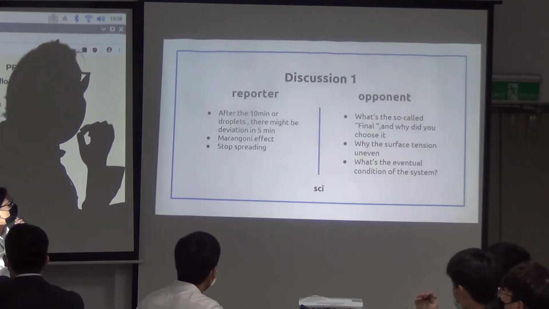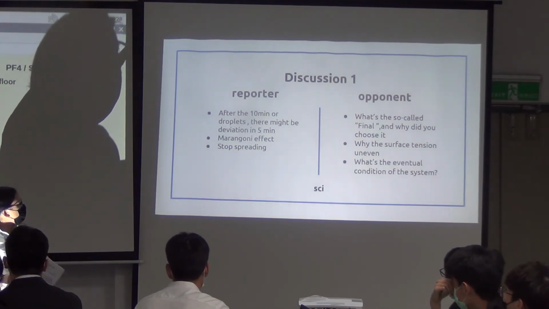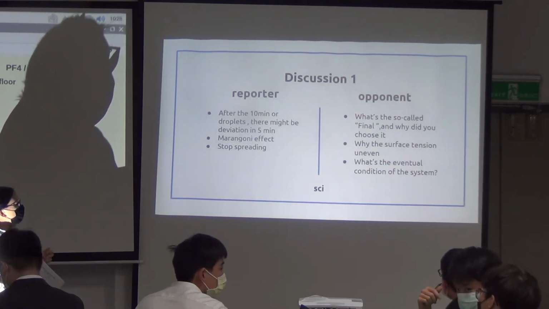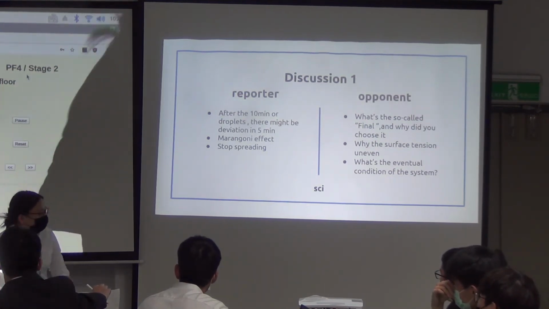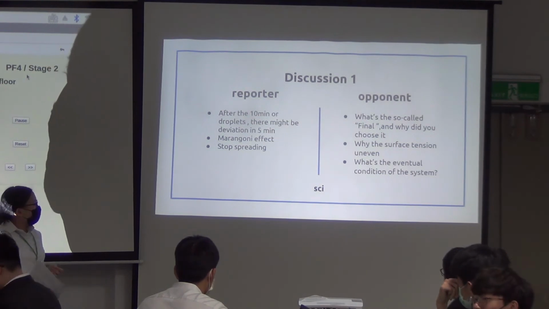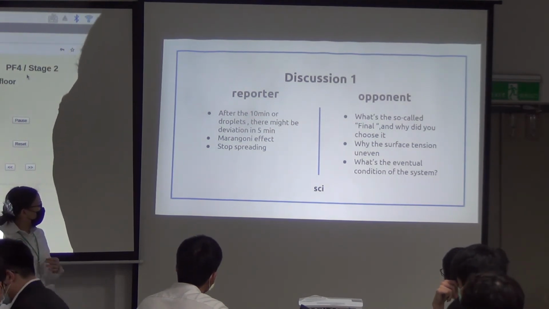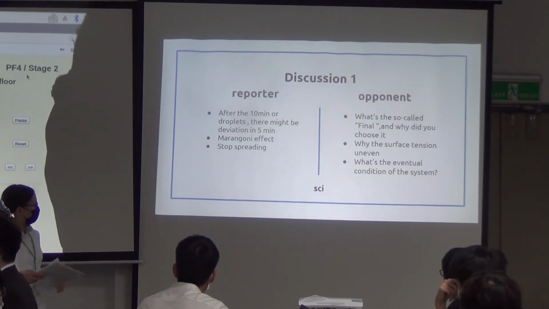As for the special one, the opponent asked, what's the so-called final, and why did you choose it? The reporter answered, after 10 minutes for the droplets, there might be deviation, because there might be deviation in 5 minutes. And then the opponent says that uneven water surface tension can cause this phenomenon. And the reporter asked about the Lorentz effect.